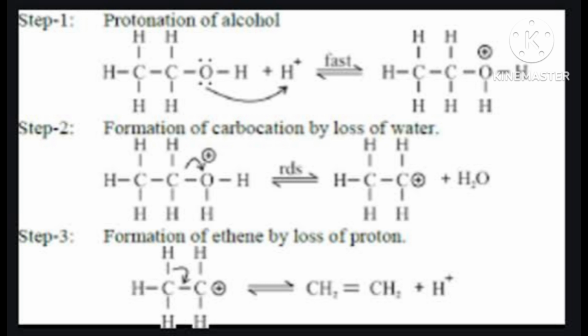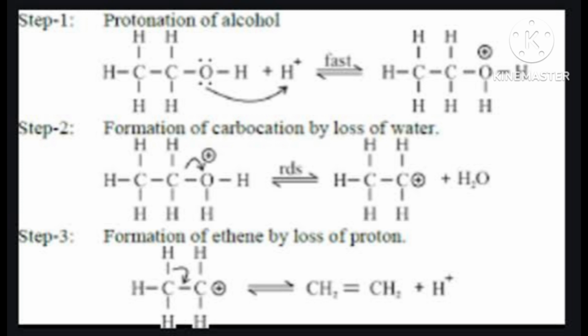Alcohols undergo dehydration, meaning removal of a molecule of water, to form alkenes. Alkene means double bond. This happens on treating with protic acid. Protic acid means an acid which can give proton H+.